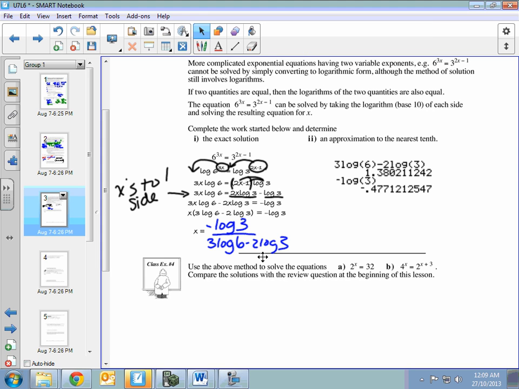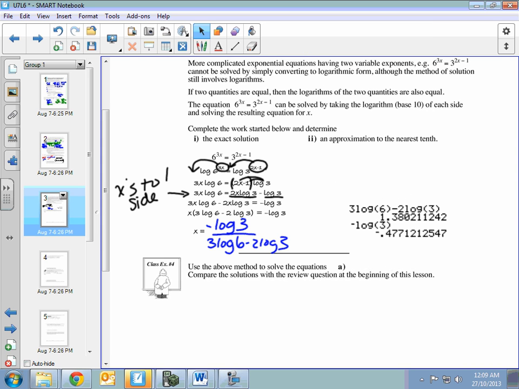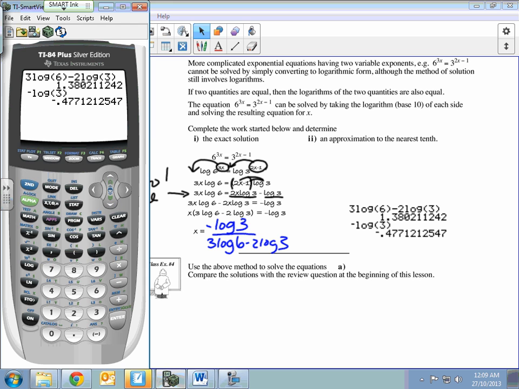And then an approximate solution, I'll just put it all in my calculator all at once just to show you, would be bracket negative log 3, close bracket, this is all your numerator, divided by bracket 3 log 6, close that bracket, minus 2 log 3.